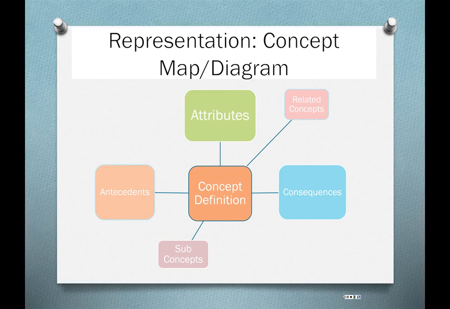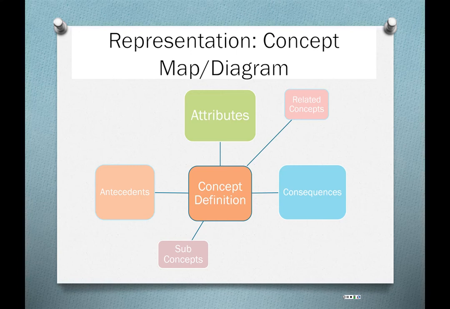It's not essential that it be there, but lots of times that can help people understand what your concept is really about. Then above that are the attributes. They don't have to be above. They can be in any place. But those are the characteristics that comprise the concept.